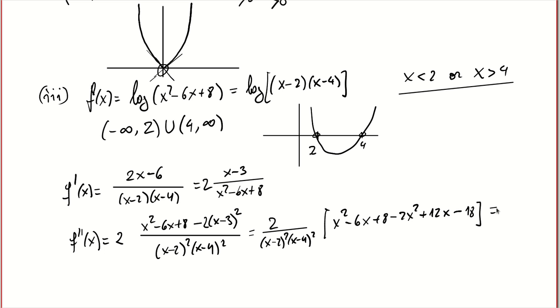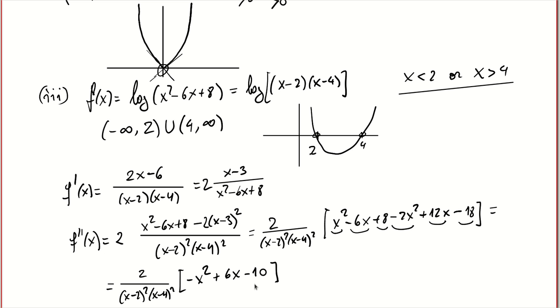If we simplify that expression, we have x squared minus 2x squared, which is minus x squared. Then you have plus 6x. And then we have 8 minus 18, which is minus 10, all right?